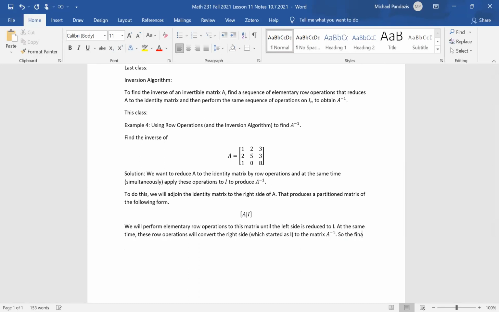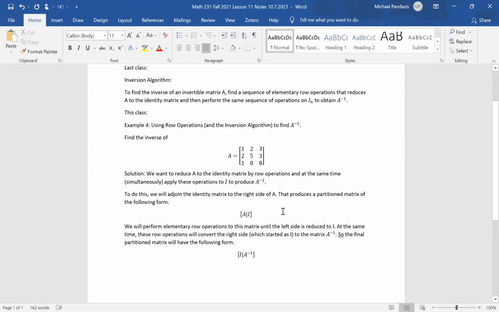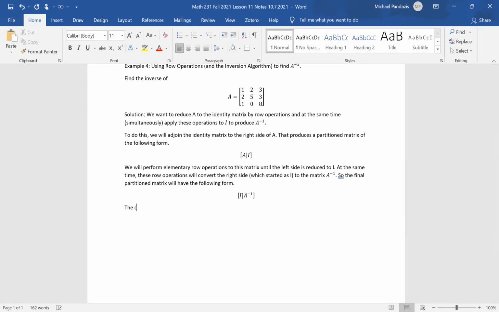So the final partitioned matrix will have the following form. There'll be a matrix where on the left side of the partition is now I, and on the right side is A inverse. Right? Okay, so the computations will be on the whiteboard.